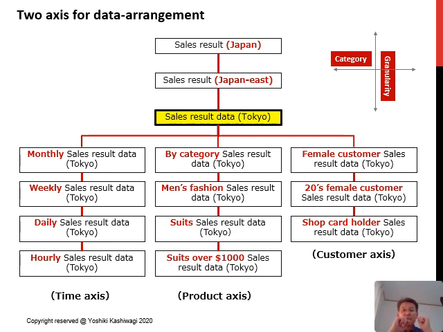So let's take a time axis example. You can break down into monthly result and weekly result, daily result, hourly result. So what is the right level of a breakdown? I don't know. It depends on your objective. Choose the right level of the details to break down. If you need to consolidate or aggregate, then just do it. It depends on your goal.